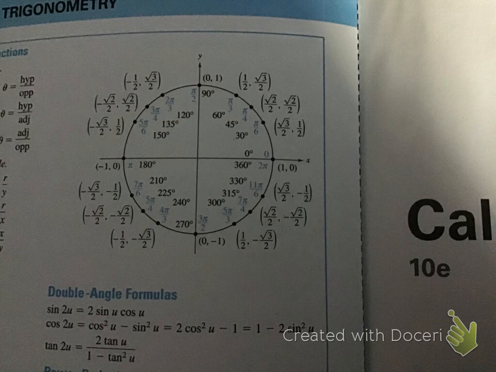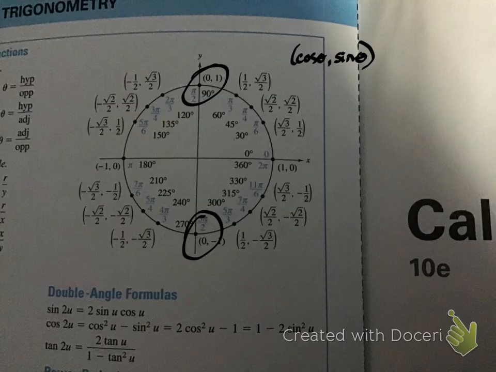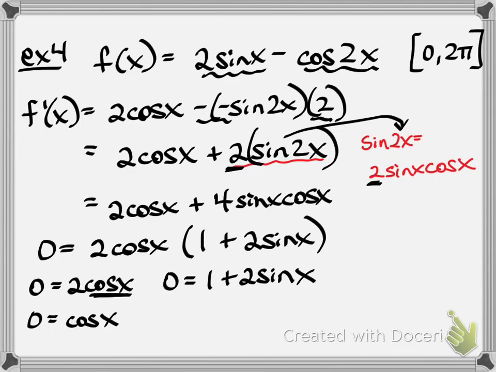Well, we remember that ordered pairs are cosine for the x and then sine for the y. So we're just looking where cosine is 0, and it happens right here and right here. And they restricted us in the interval 0 to 2 pi, so both pi over 2 and 3 pi over 2 are acceptable critical numbers. X is pi over 2, and x is 3 pi over 2.